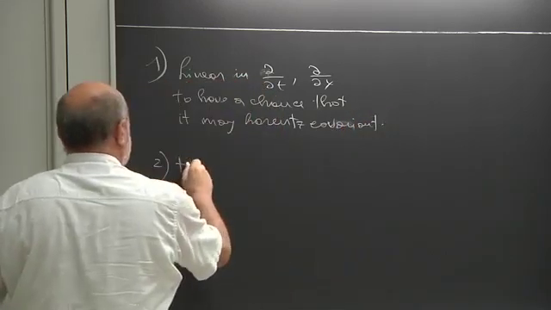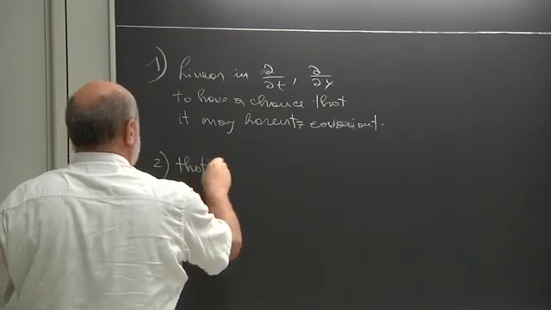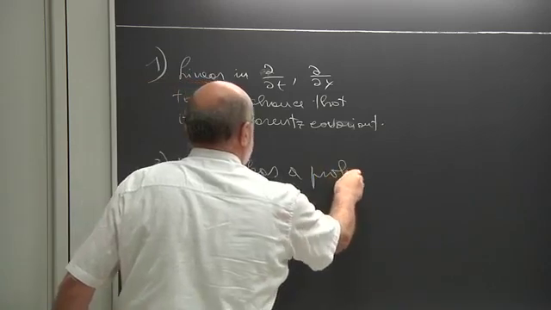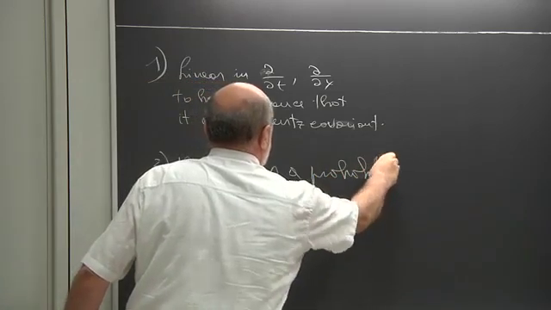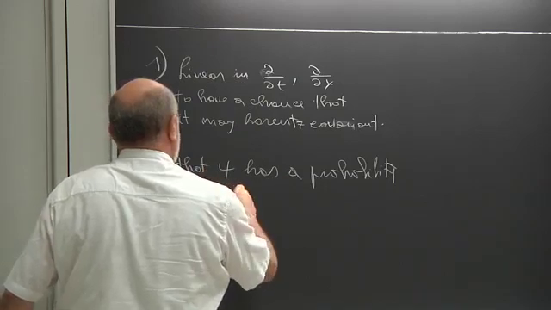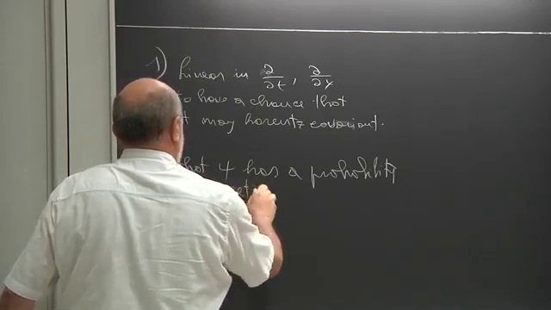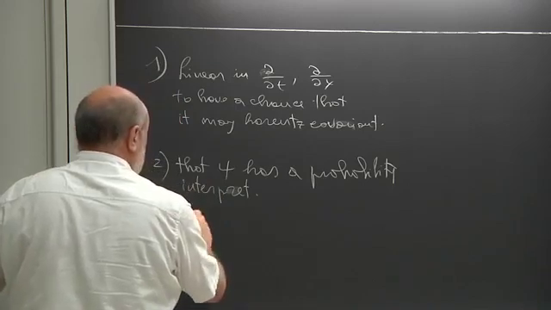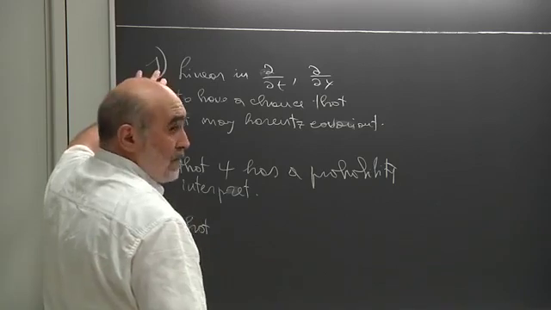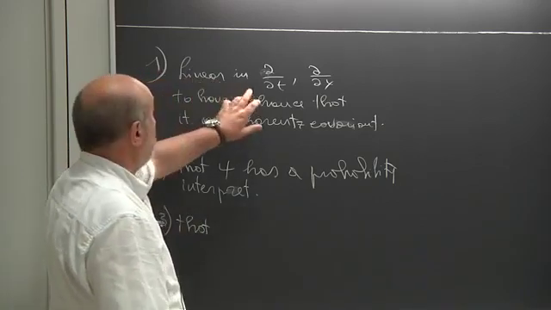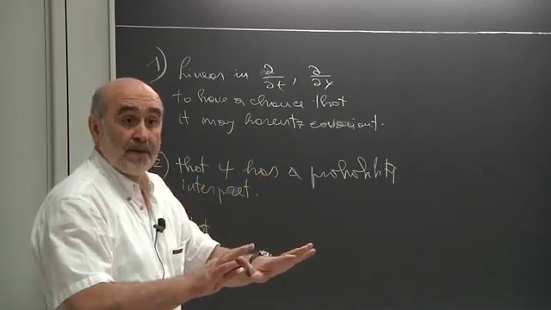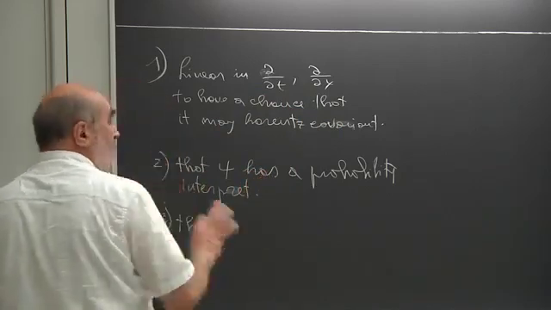Second, that psi has a probability interpretation. Third... so these are the three requirements. We wrote these down, and as it is linear in the derivative of x, there is a chance that it's Lorentz covariant, but we have not seen it. So these are the only three requirements.